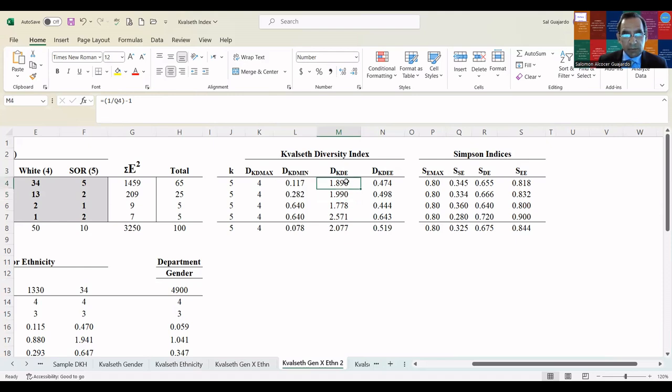When I divide that by the maximum value, that gives me a 0.474, which means that for the ethnicity by male group, I obtained 47% of the maximum value of 4. By comparison, I obtained 82% of the maximum value of 0.80 when I use the Simpson index. Again, as stated, the Kvalseth index standardized score would generally be smaller. And then what I did for the other gender groups, I just copied the formulas down.